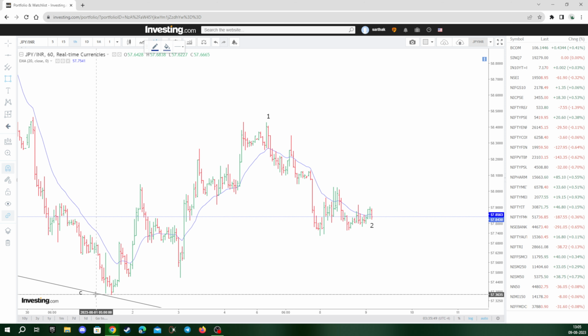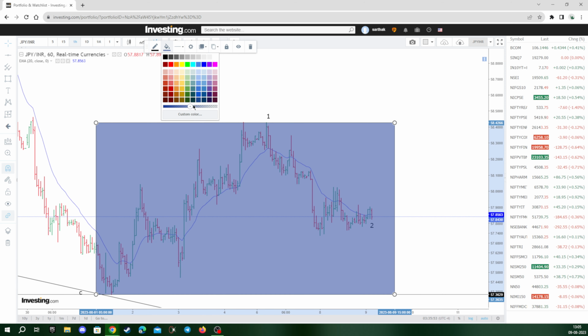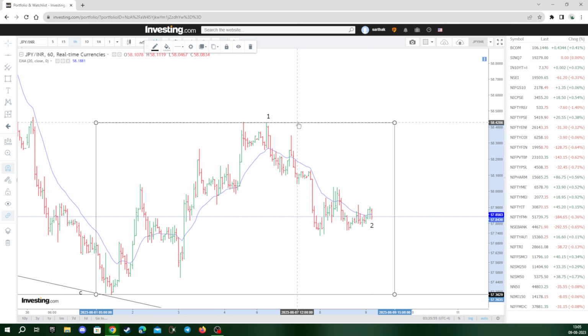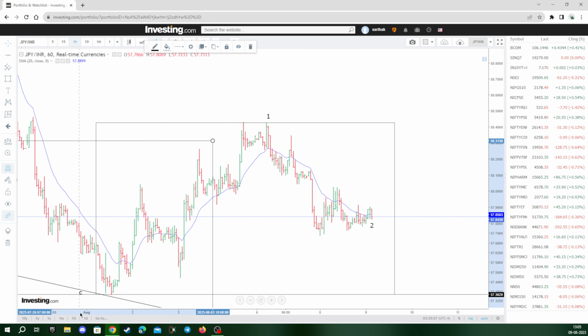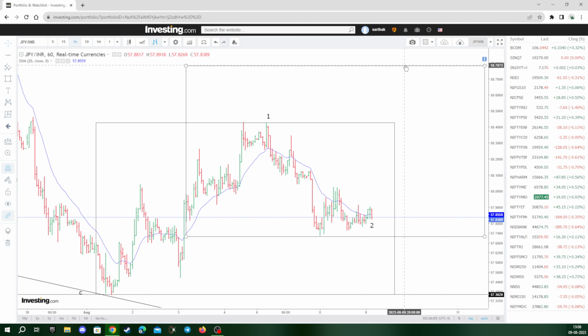So just on the hourly chart, the wave 3 would take us somewhere near, let's say I take the length of wave 1 and add it to the bottom of wave 2, then the wave 3 length comes around 58.78.